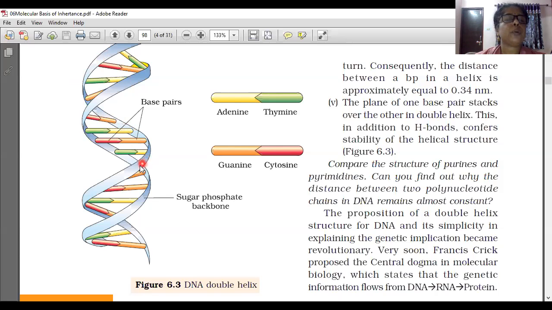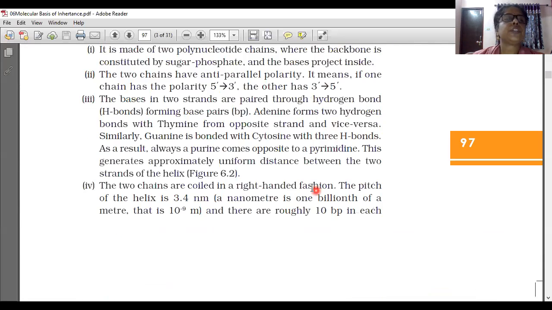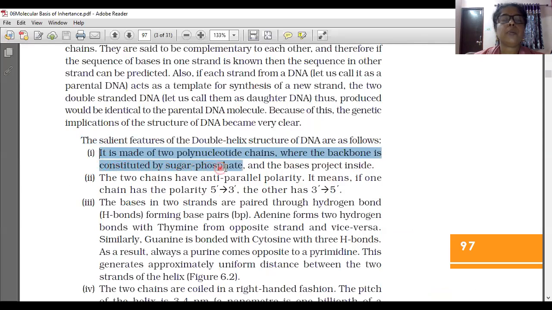The backbone is made up of sugar phosphate bonds, and base pairs are located like this.